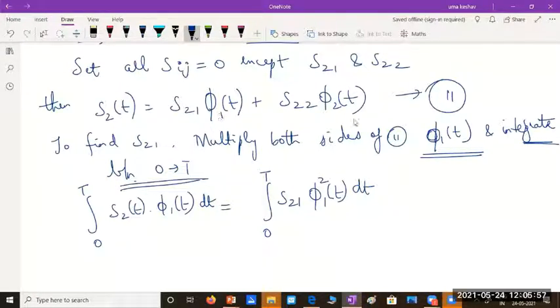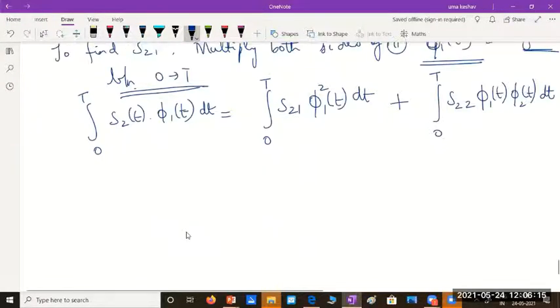So you consider equation 11, left hand side is this, right hand side plus integral 0 to t S22 phi 1 of t into phi 2 of t dt. Can you tell me what will happen to this equation? Which terms will cancel out and which will remain?